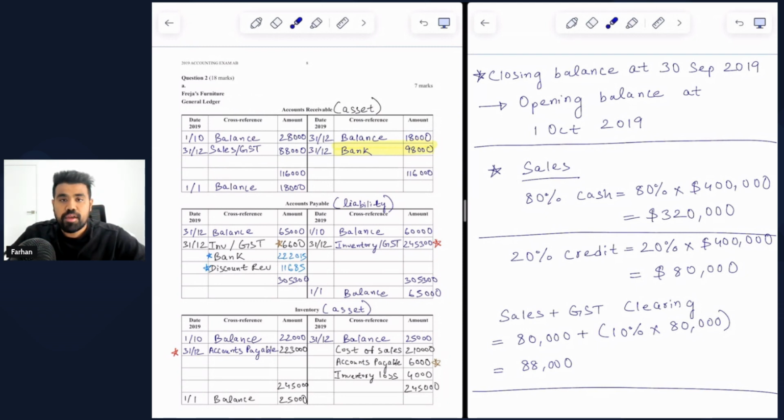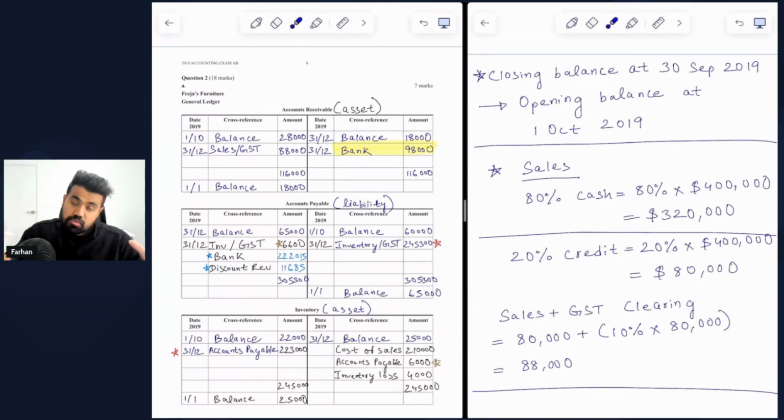Because they are our assets and now they owe us more money, we have to debit them within the ledger account. So that is what we have done. On the debit side, we have included sales, including GST clearing of $88,000.